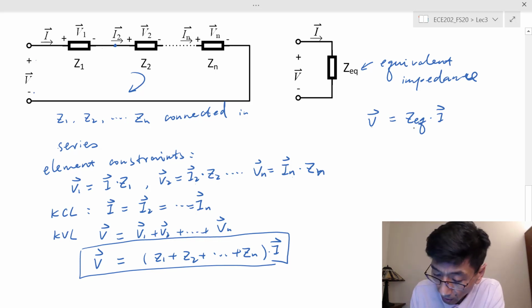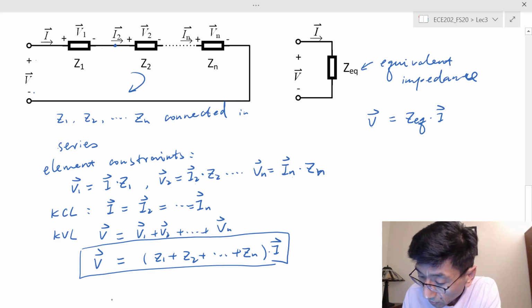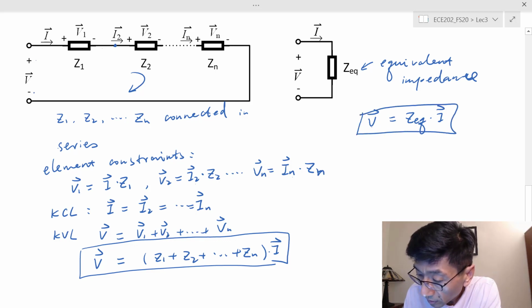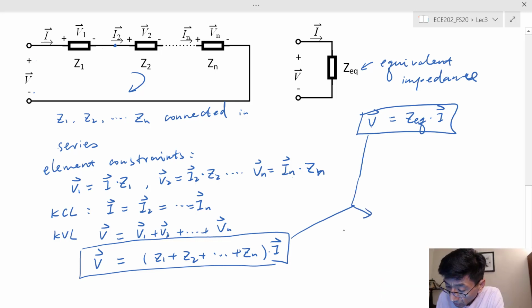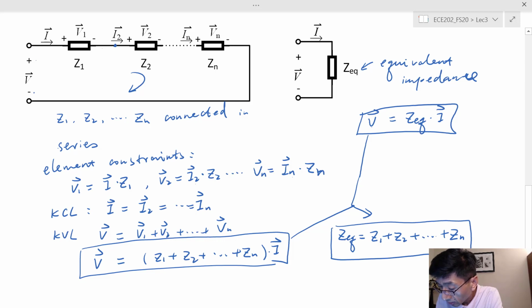If we compare these two, therefore the equivalent impedance ZEQ should be equal to Z sub 1 plus Z sub 2 plus and so on plus Z sub n. Right? That's the equivalent impedance for series connection. Then in the next clip, we're going to look at the voltage division for series connection. See you in a moment.